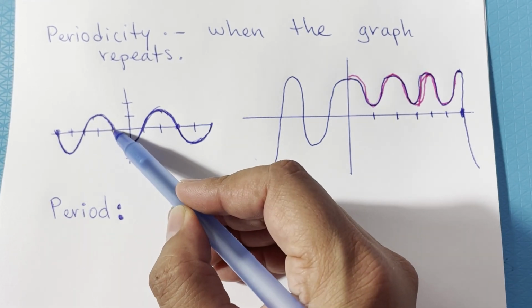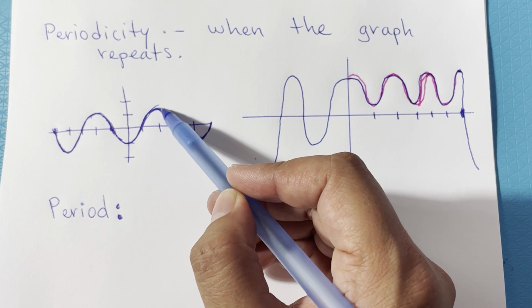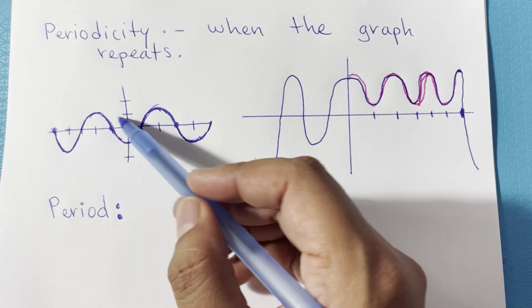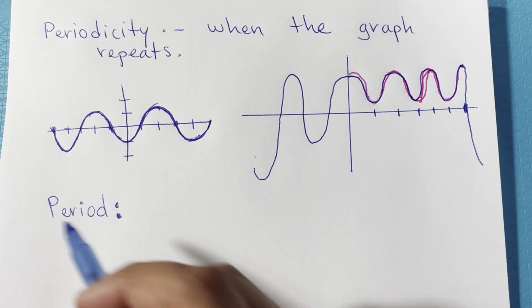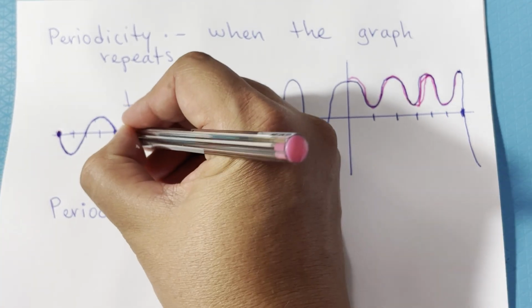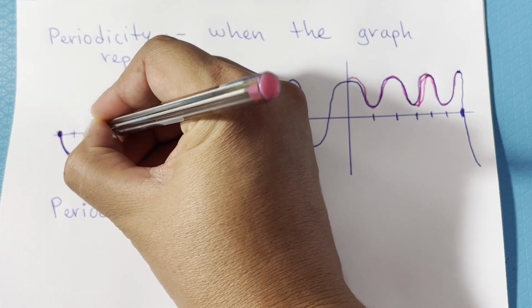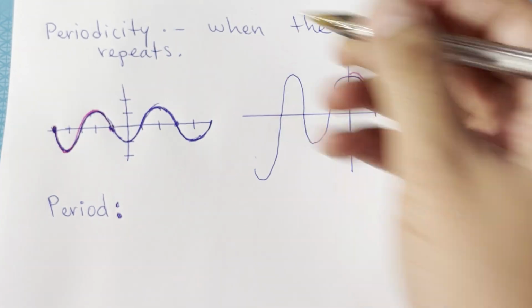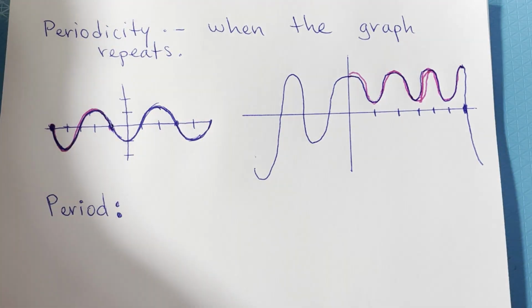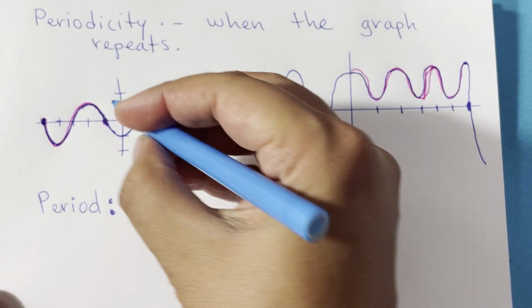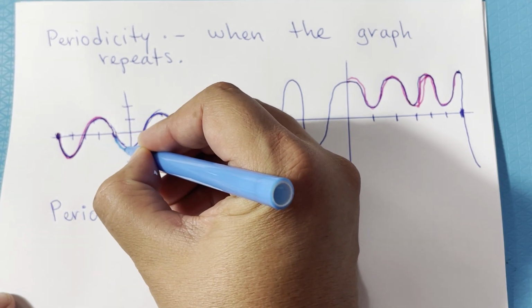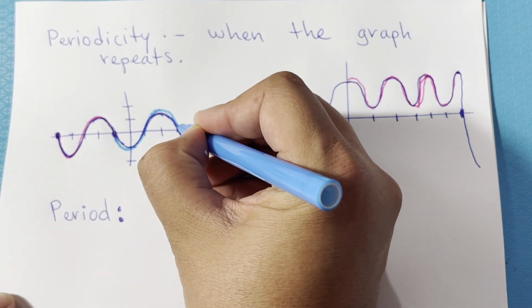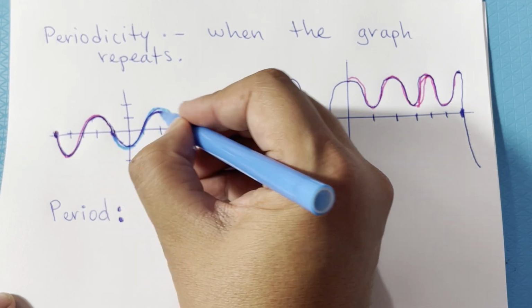Then again, it repeats, goes down, it goes up. It's not how many times it goes up and down, it's how many times it repeats. No, it's from here to here. It goes down and up. And then we can say that from here, a new period starts. It goes down and it goes up.